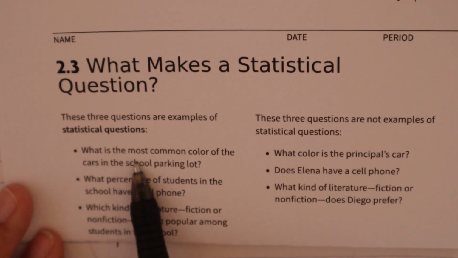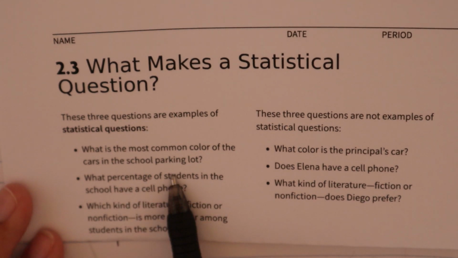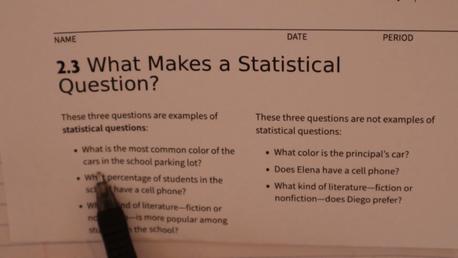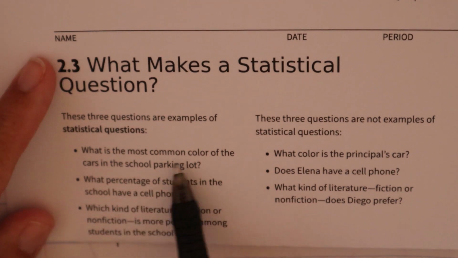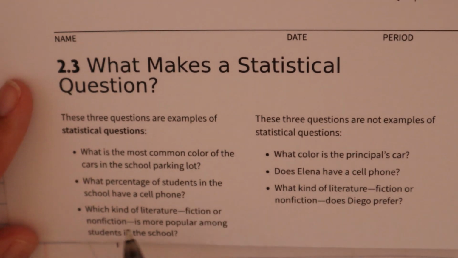This says, what is the most common color of the cars in a school parking lot? Okay, well the reason why this is statistical is it's cars. So again, you're more than one. That fits our rule, you have to have a group of stuff you're comparing, so all the cars, all the different colors. There's lots of different colors of cars. So therefore, that's a statistical question.